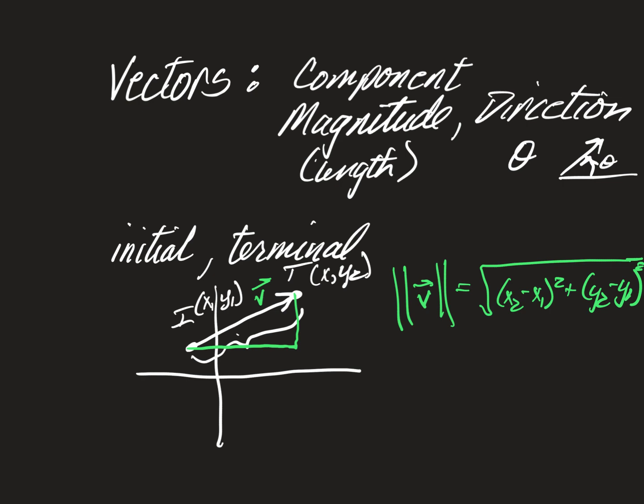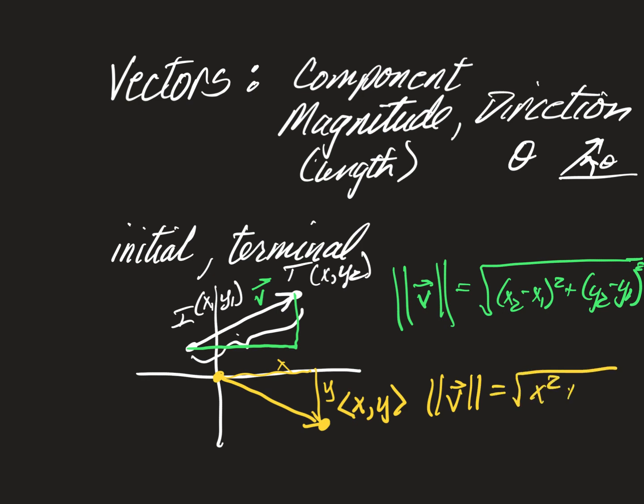So there we go. Now, if your vector happens to be a position vector in component form, so this is where you would write the vector as x, y, and this would be your terminal point right there. The initial point is the origin. So if you have a position vector like this, then the magnitude of the position vector, again, this would be the length of x, this would be the length of y, and by the Pythagorean theorem, it would just be x squared plus y squared.